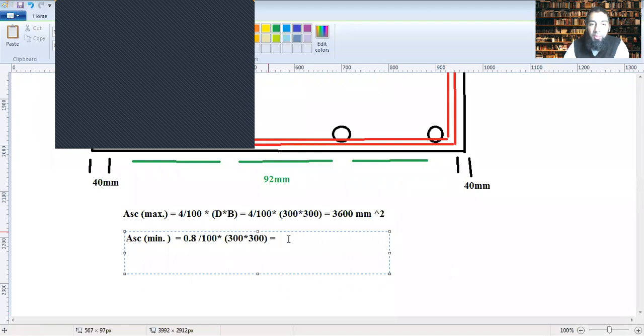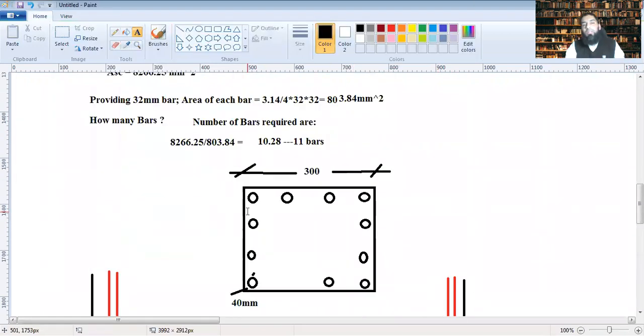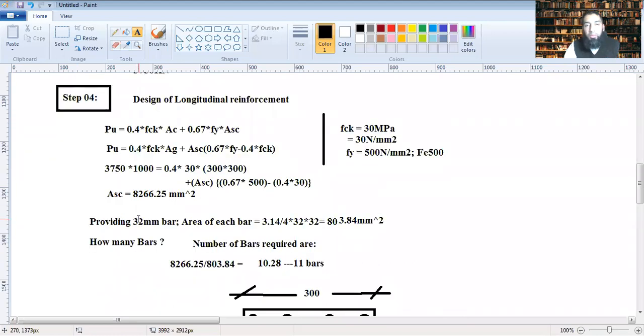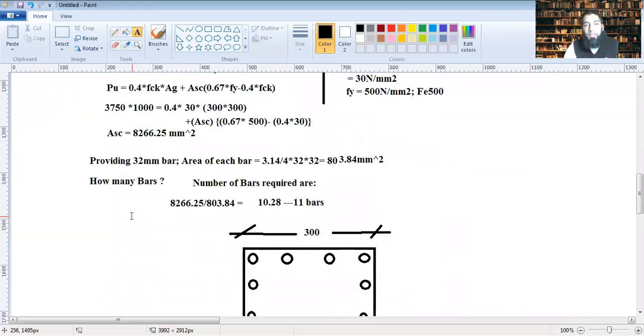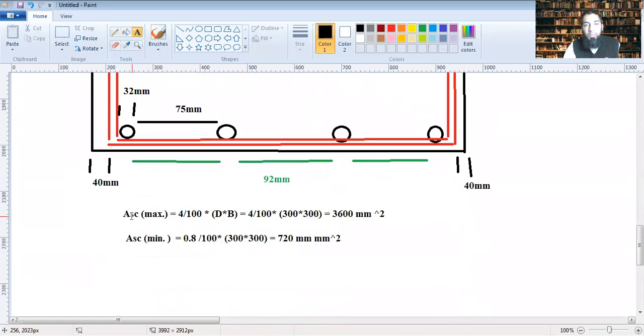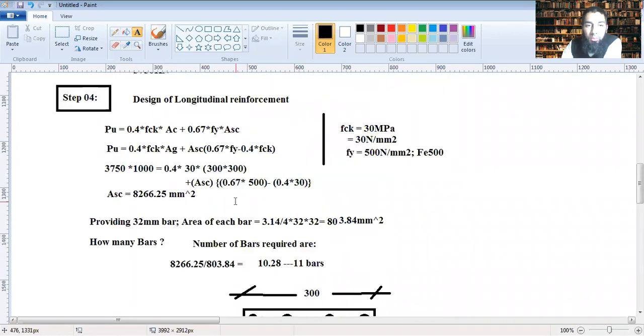Minimum you have to provide 720 and maximum is 3600. जो हमने ये सारा किया up till this point, I just wanted to show you first where is the problem in the design, because if I show you which design is correct, then you will not understand where we are going wrong in our design.